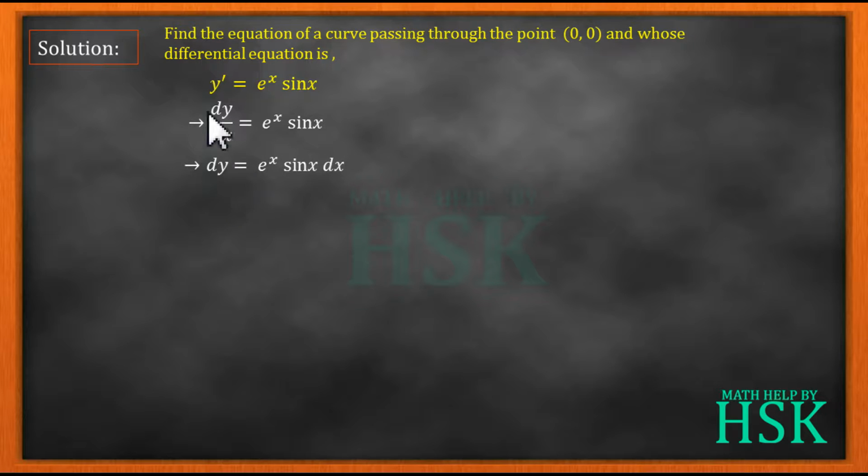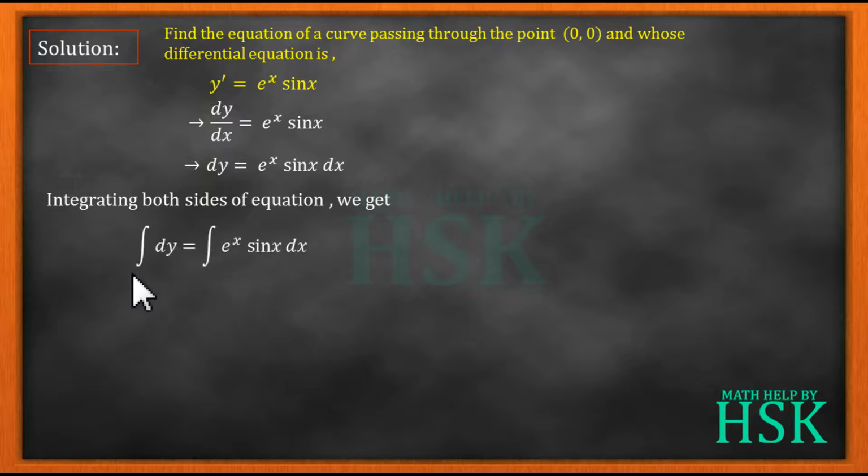So separating the variables, I get dy as equal to e to the power of x into sin x dx. Okay, now variables are separated, so I can integrate both sides, and I obtain integration of dy is equal to integration of e to the power of x into sin x dx.